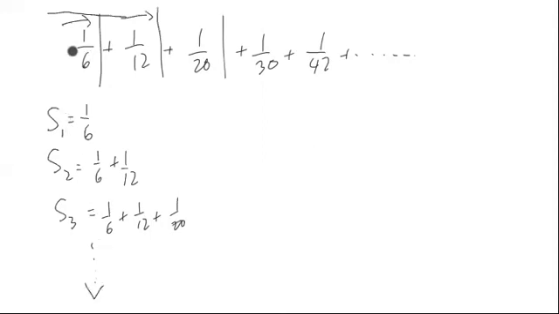Notice that we've taken a list of things, 1/6, 1/12, 1/20, and so forth. Instead of having commas, we have pluses. If we had commas, that would be called a sequence. With pluses, it's called a series. So if we're adding up everything in a sequence, that's a series. So a series is with plus, and a sequence with comma.